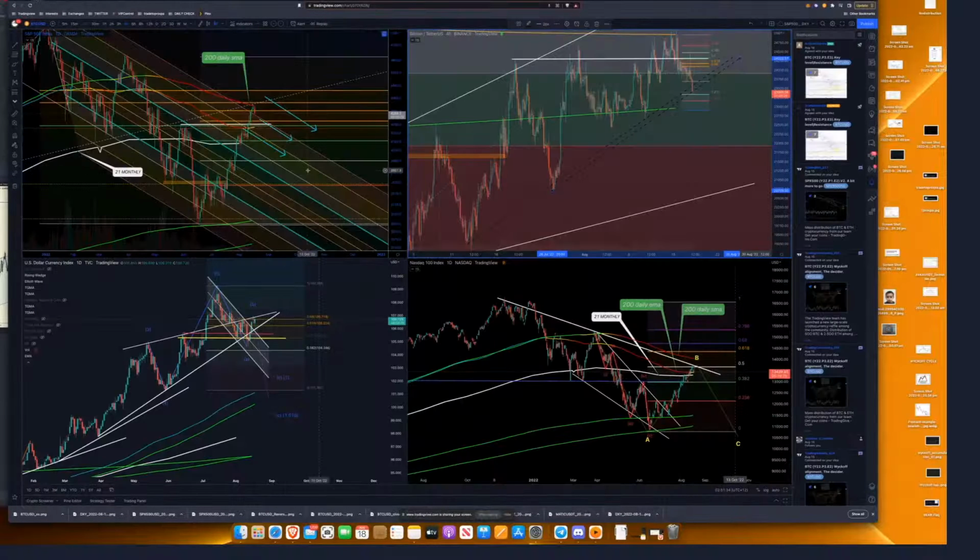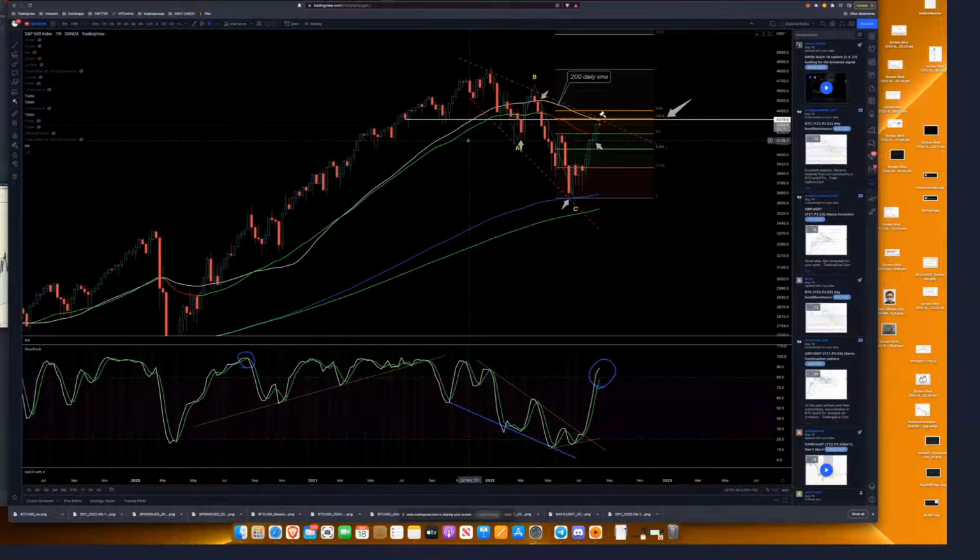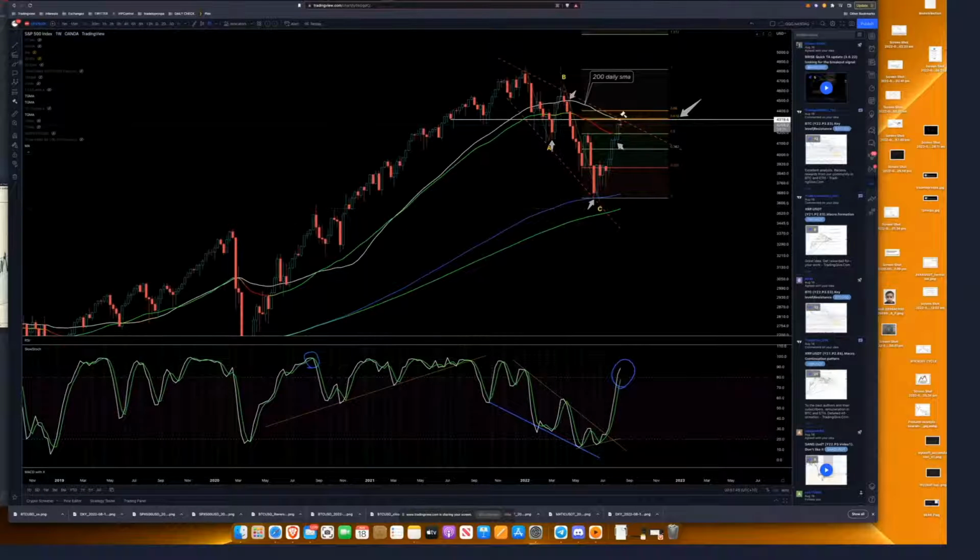What I want to see is here. All right, so what we have here is the SP 500. The SP 500 has come to a key level from the swing high to the swing low. This is the 200 weekly moving average.